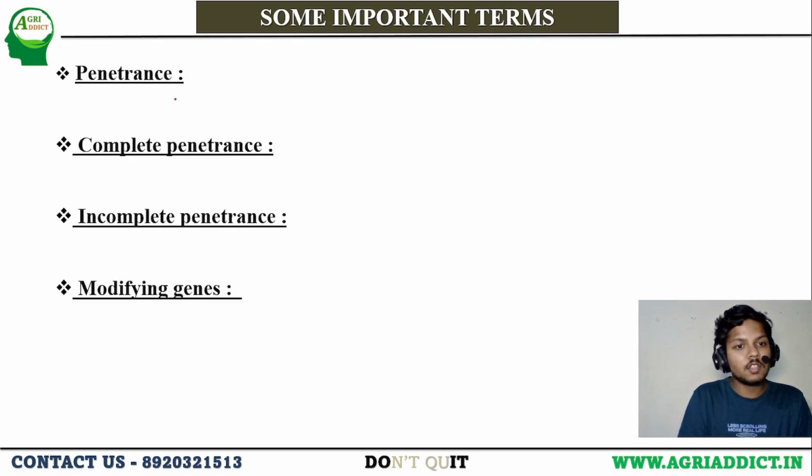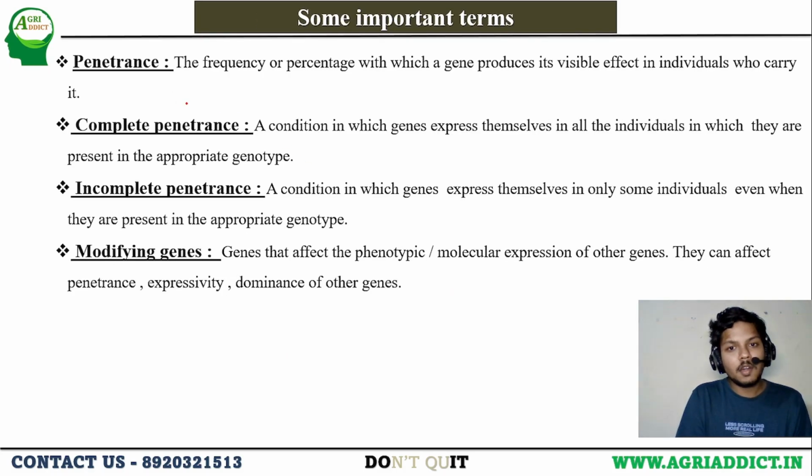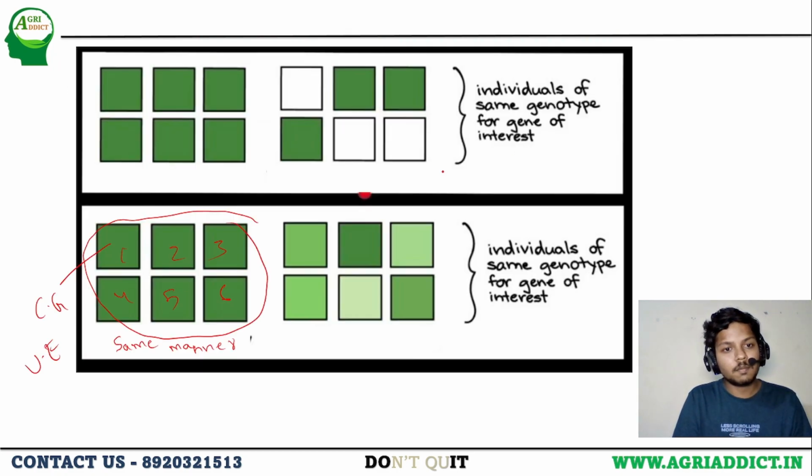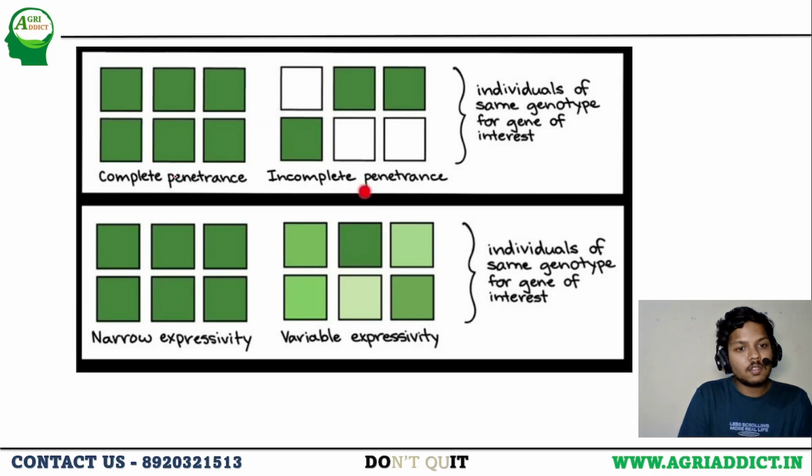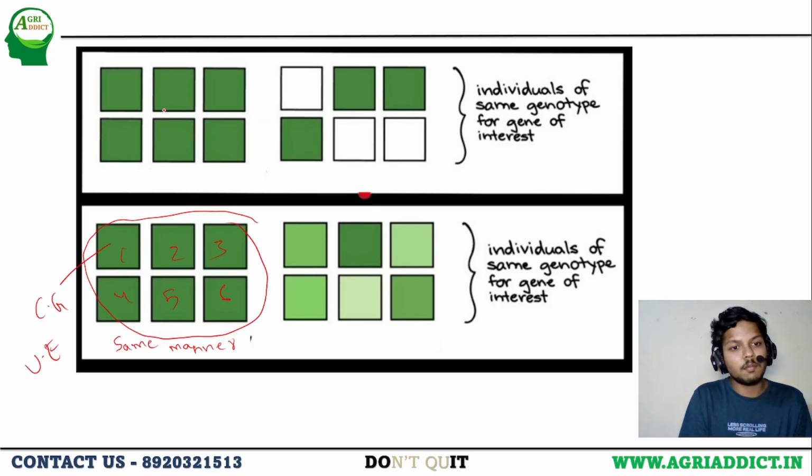And the next one is penetrance. Penetrance means the frequency or percentage with which a gene produces its visible effect in individuals who carry it. For example, this is the example of penetrance. Here you can see in the 6 plants, let us assume capital A is the genotype.